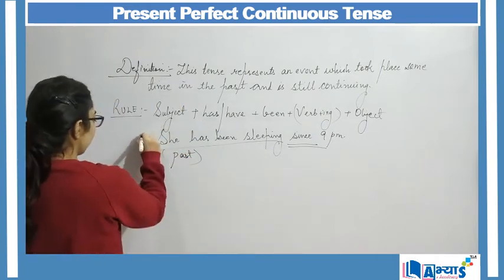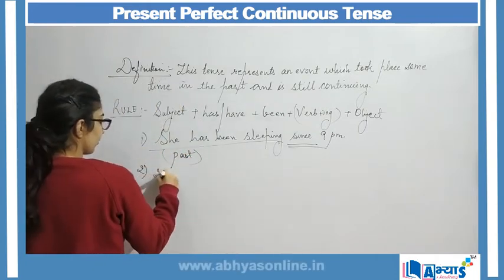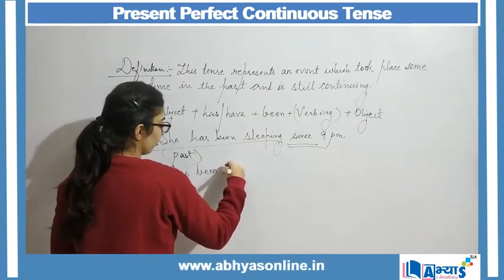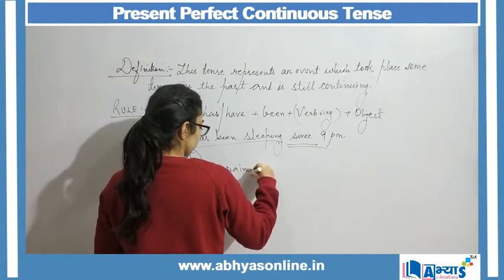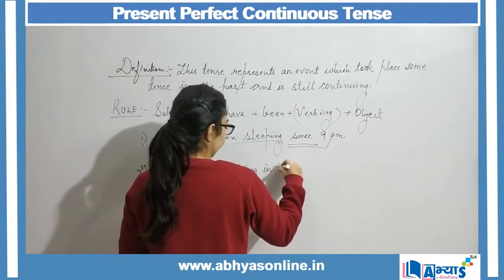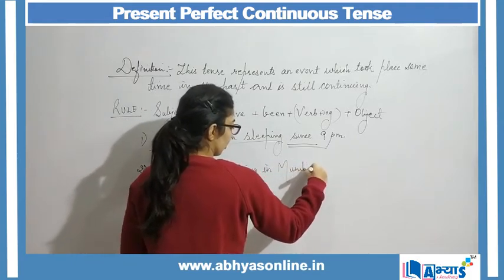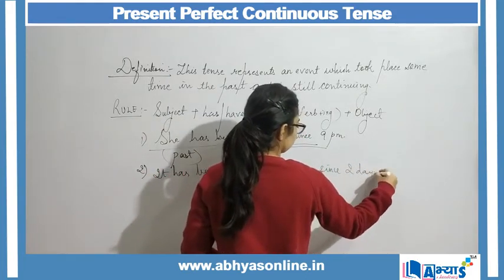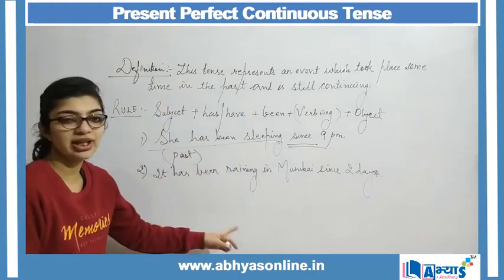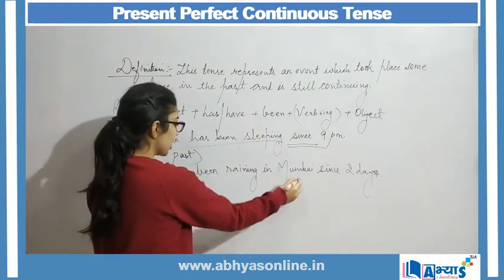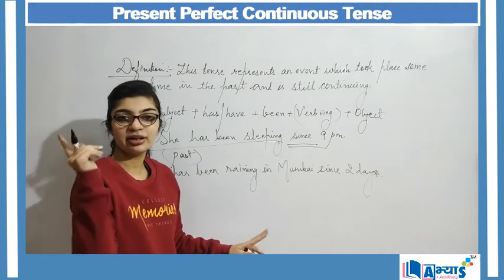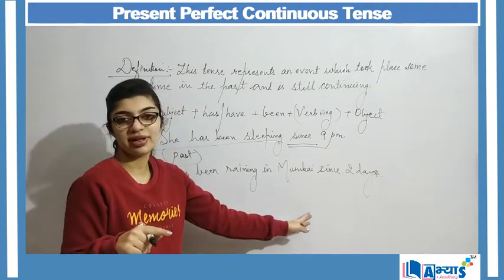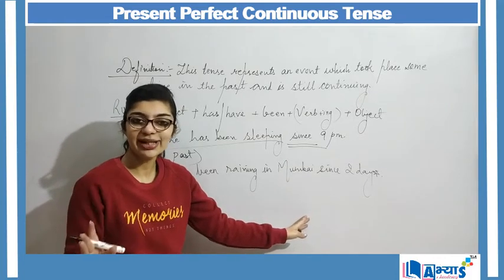Another example can be, it has been raining in Mumbai since 2 days. It has been raining in Mumbai since 2 days, which means that it started raining the last 2 days and the rain has still not stopped. The event has still not stopped.